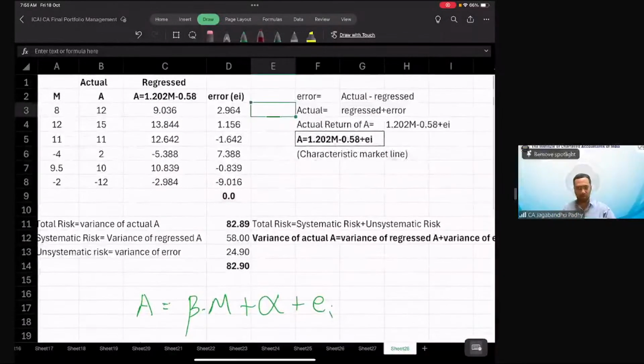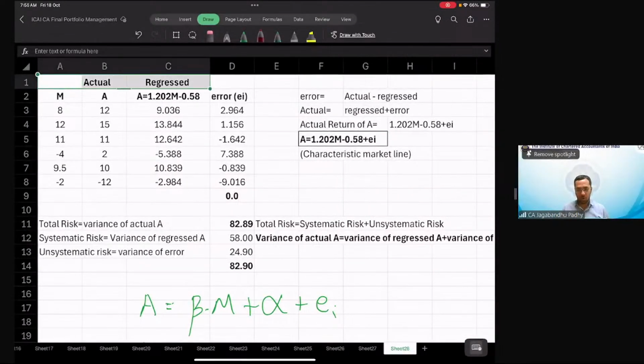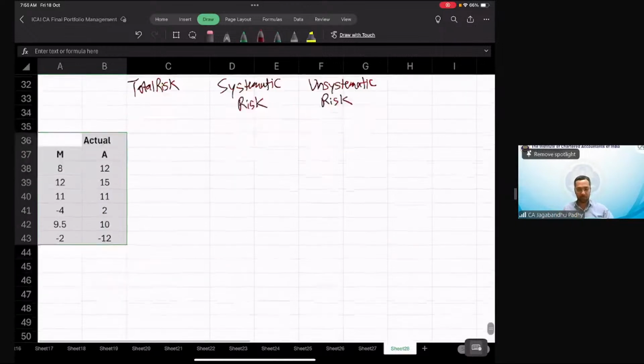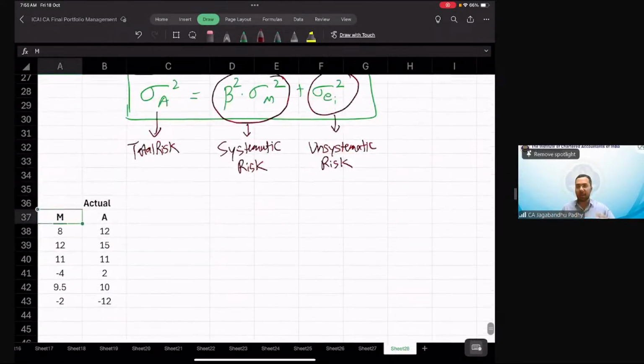Now, suppose we have only this data available for us. I can calculate the systematic portion and unsystematic portion by looking at this equation itself.